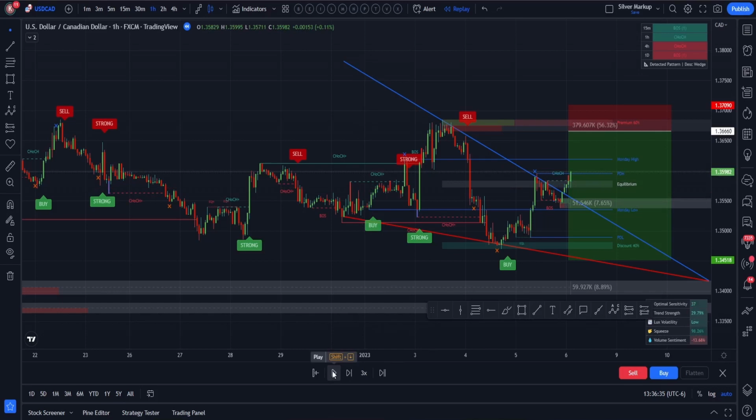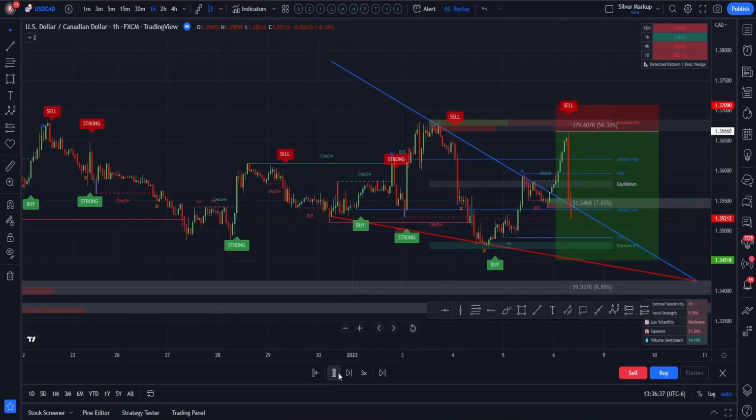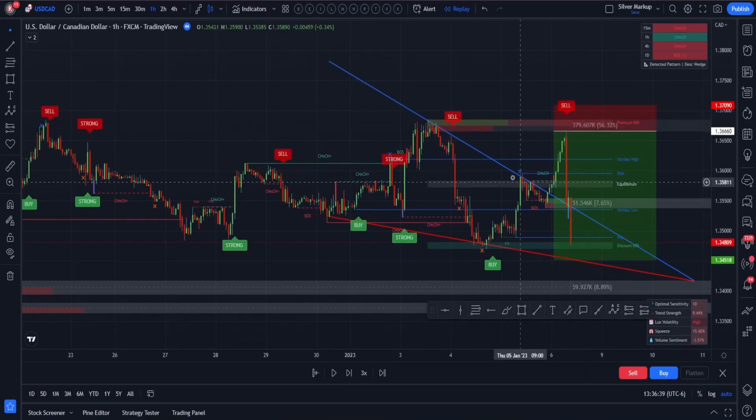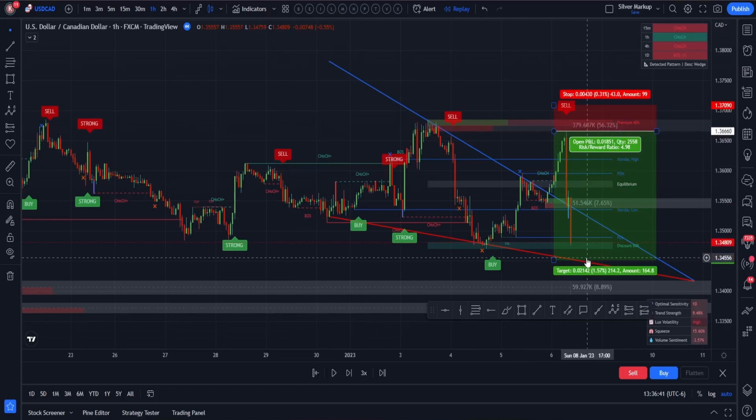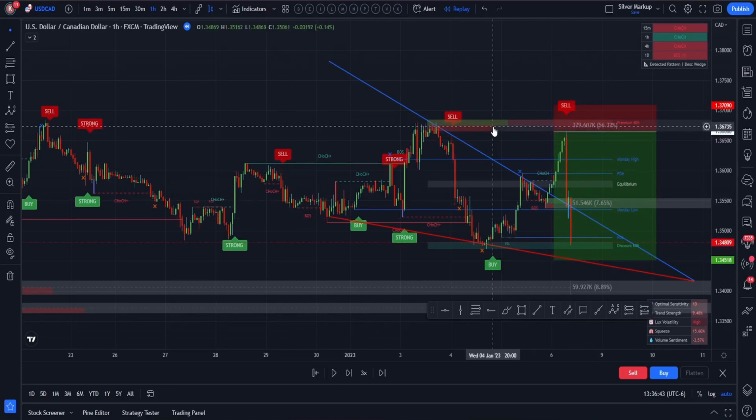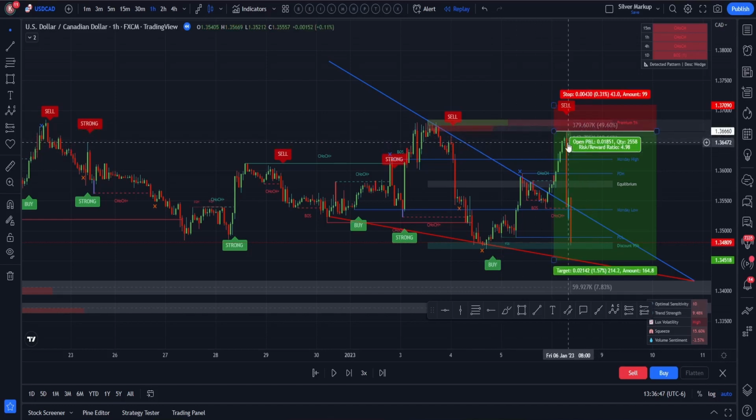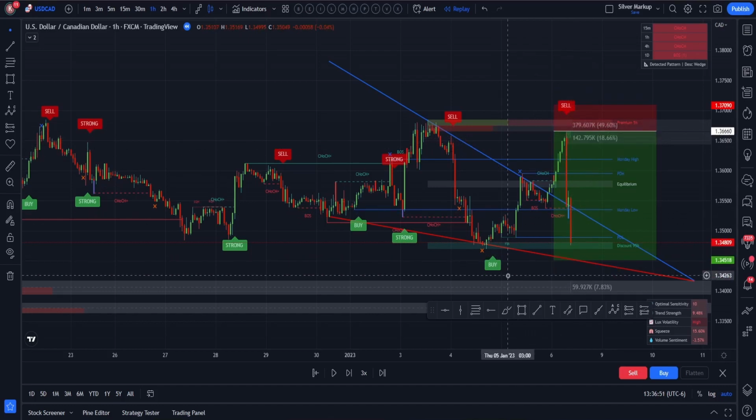We'll break that level there, play it out, and then it goes right into that point, and you get a huge reaction off of it. Why did that happen? Because there was a lot of liquidity here for the market makers and the big institutions to place that trade and drive the price back down. So that's where you get a lot of areas to run with.